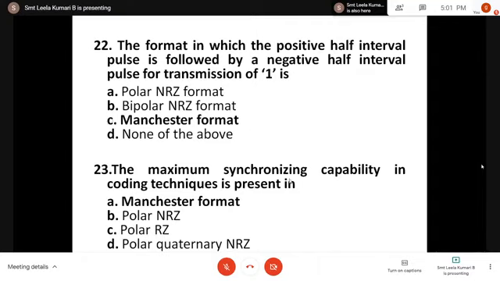The maximum synchronizing capability in coding techniques is present in the Manchester format. This is one of the important characteristics of Manchester code, maximum synchronizing capability, because 1 is represented by positive followed by negative and 0 is represented by negative followed by positive.